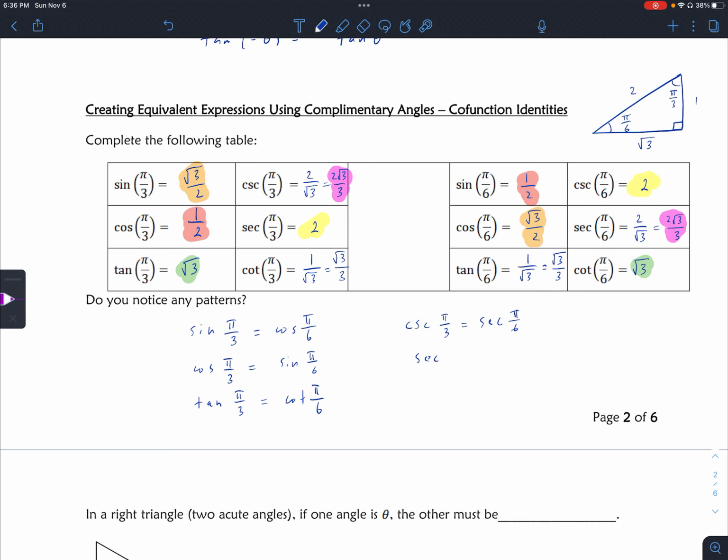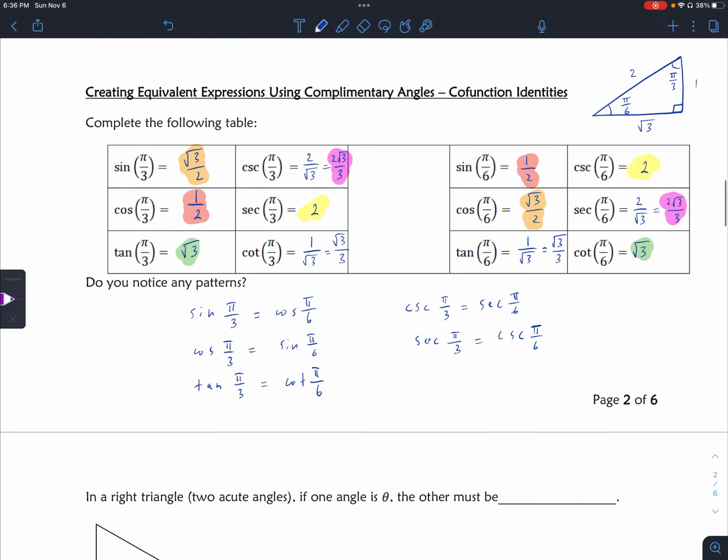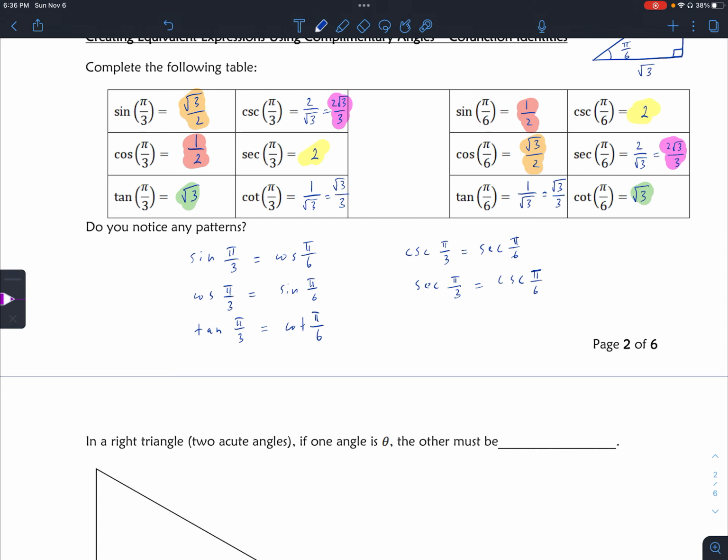Secant of pi over 3 is equal to cosecant of pi over 6. Now notice that these angles are complementary, which means they add up to 90 degrees, or pi over 2 radians. Okay, so there's definitely something going on here. There's some kind of pattern here. And it has to do with complementary angles.